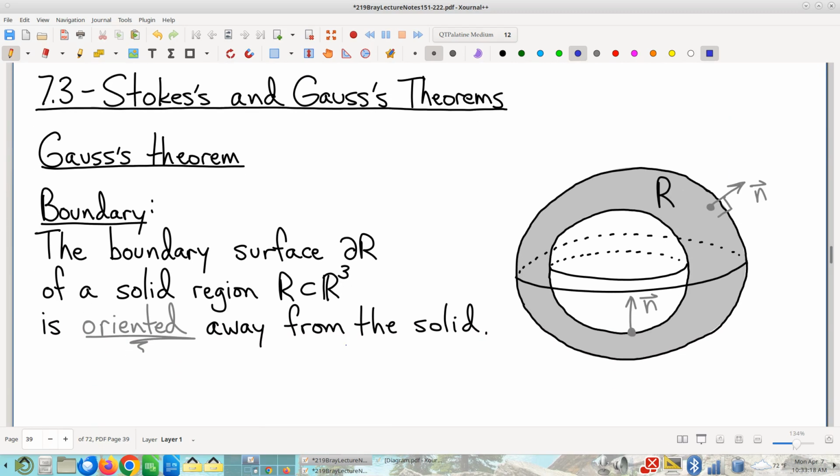Off into 7.3. By the way, 7.3 is another huge section. It's another one that's going to take us several class meetings. There's just so much to do. Oh my gosh. Another one of these sections where I feel like it really could have been at least 2 sections. This is the Alaska of sections in this book.